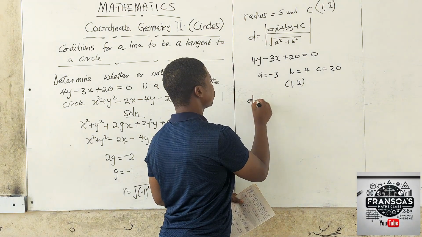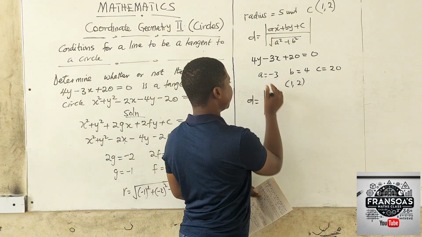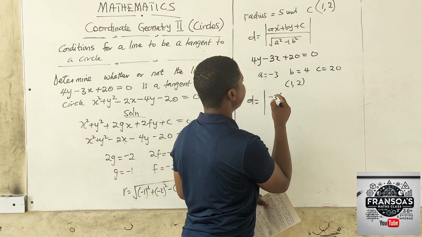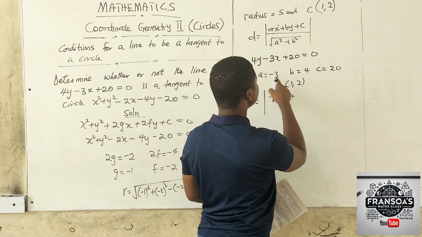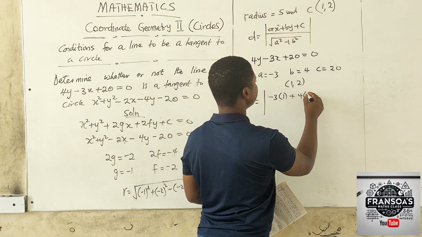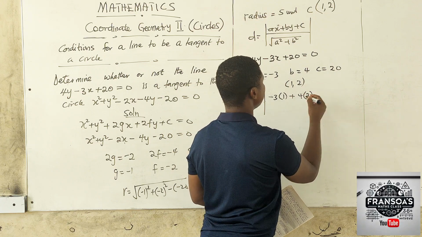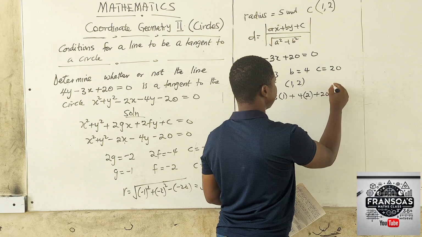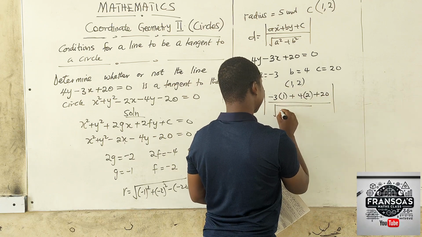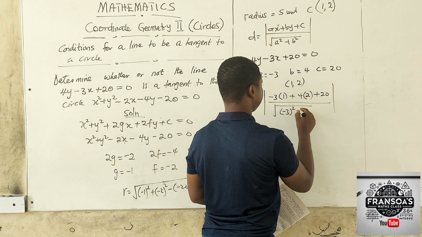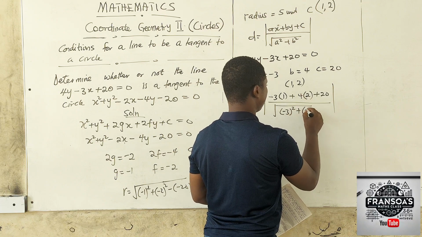So we substitute it into this. You have d is equal to the absolute value of negative 3 multiplying our point 1, plus our b, 4, multiplying the y component 2, plus 20, all over the square root of negative 3 squared plus 4 squared.